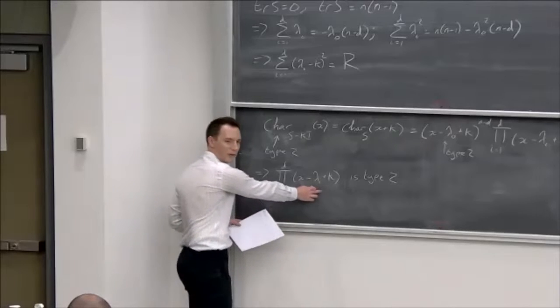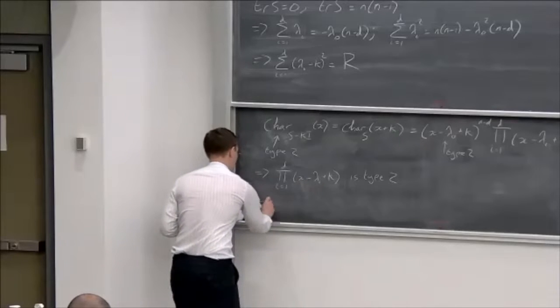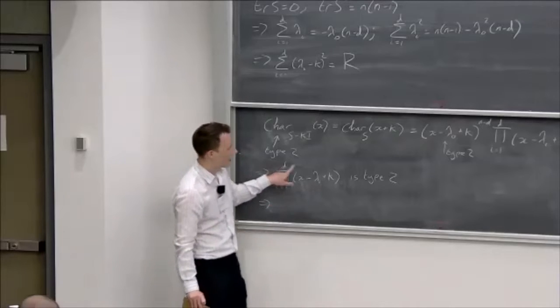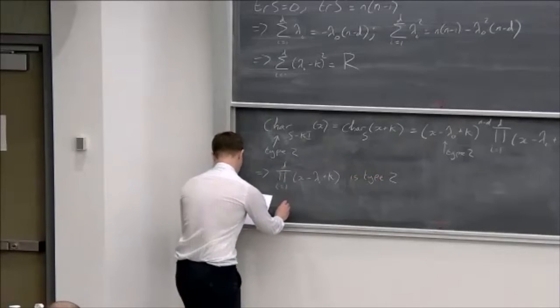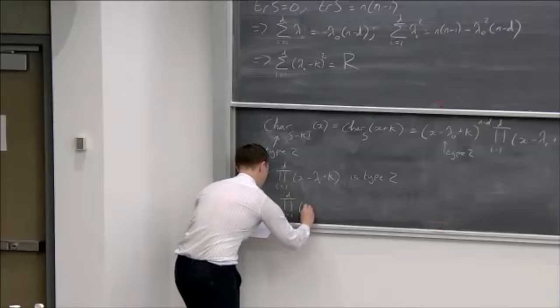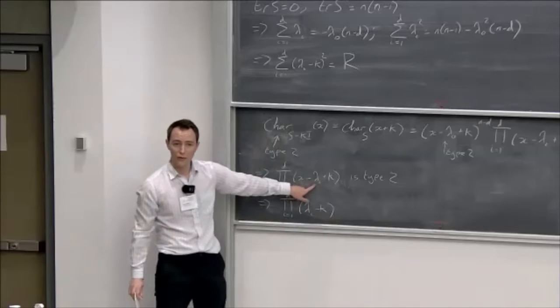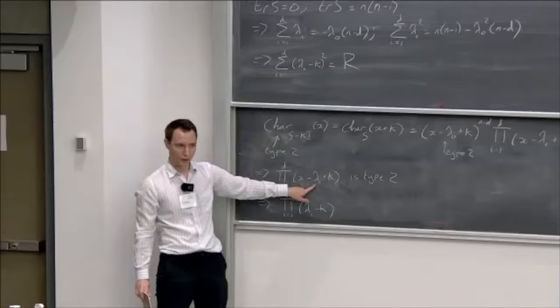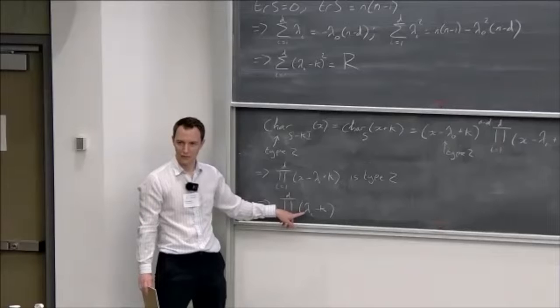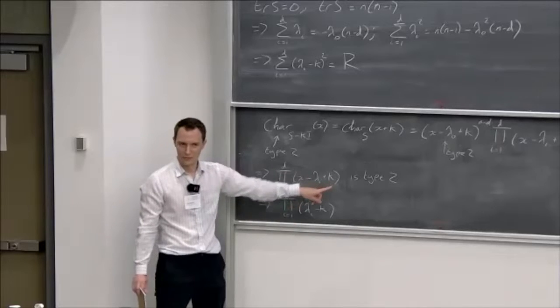So if we look at the constant coefficient, that has to be divisible by 2 to the d, because this will have a dth coefficient. So therefore, this product, i equals 1 up to d, of lambda sub i minus k, is just the constant coefficient of this type 2 polynomial, and so 2 to the d should divide this, since it's type 2.